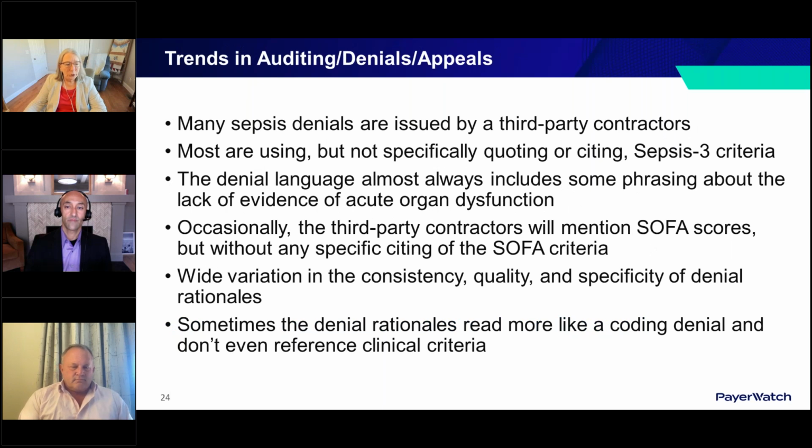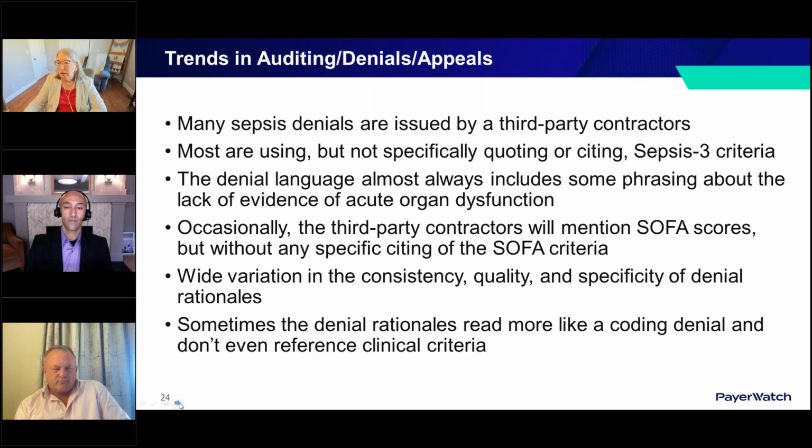So some of the trends that we're seeing in auditing denials and appeals. Many sepsis denials are being issued by third-party contractors like, as Dr. Smith mentioned, Cotiviti and others doing a lot of the auditing, and most are using, but might not be specifically quoting or citing, the Sepsis-3 criteria.